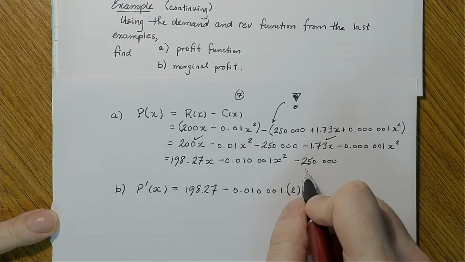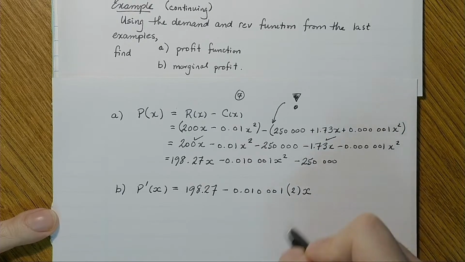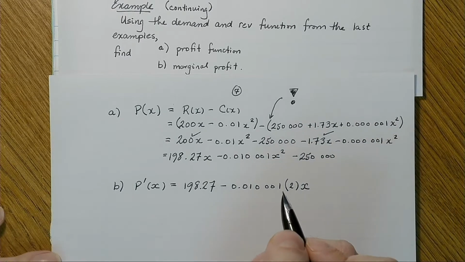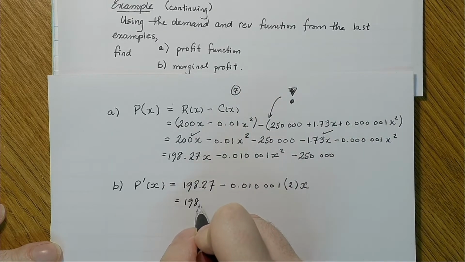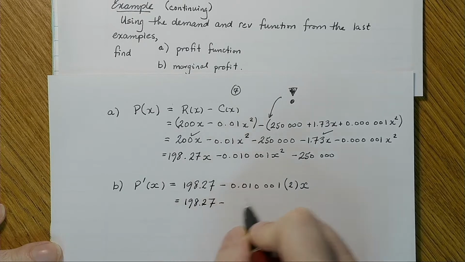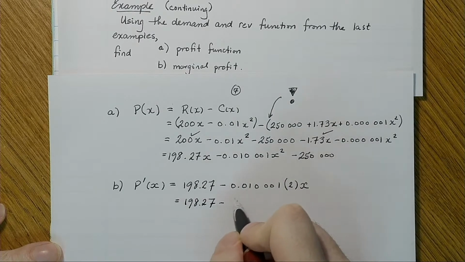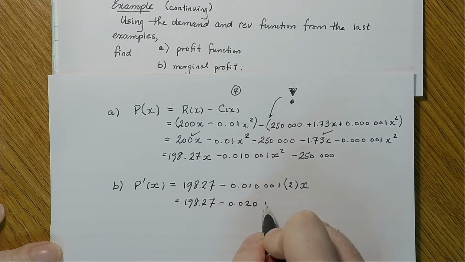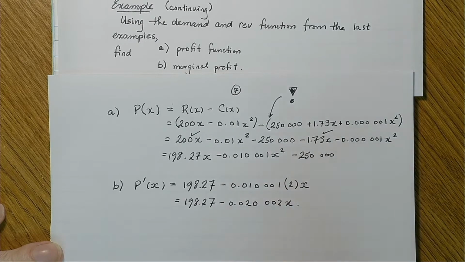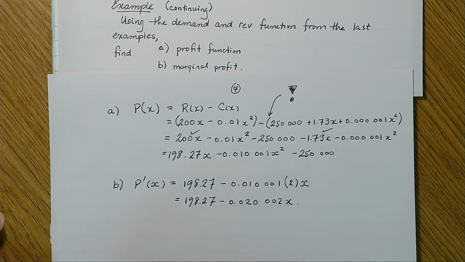And then I have a minus $250,000, so that disappears because that's a constant. And so I'm just left with 198.27 minus. This 2 is going to go through and multiply these ones and change them into 2's. And there is my function.